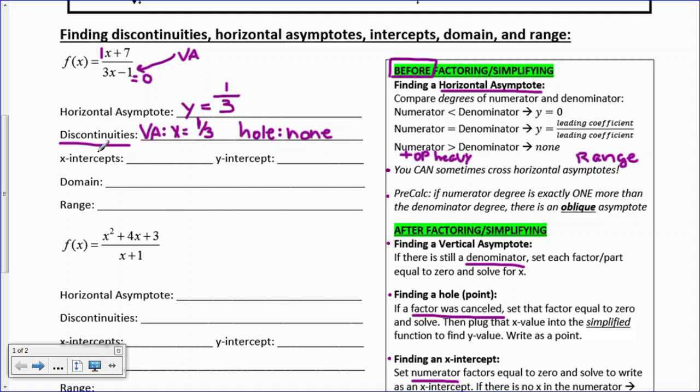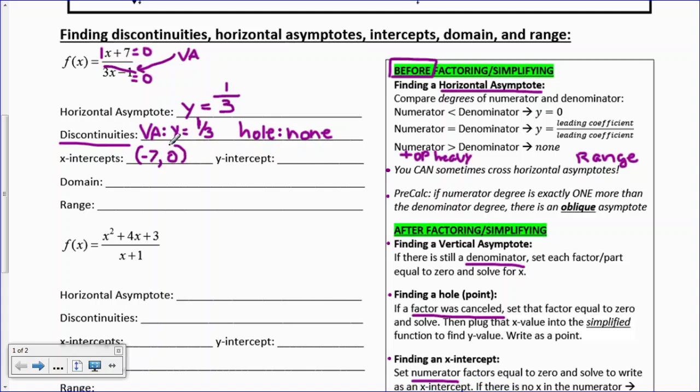Okay, x-intercept. X-intercept comes from the numerator. The denominator was already used, we used that up to find the vertical asymptote, so all we have left is the numerator to help us find the x-intercept. You're going to do the exact same thing that you did for the vertical asymptote. You're going to set this equal to 0 and solve. If I set this equal to 0 and solve, I'm going to get that the x-intercept is -7, 0.